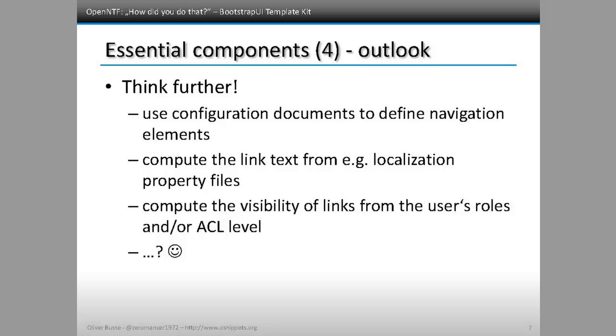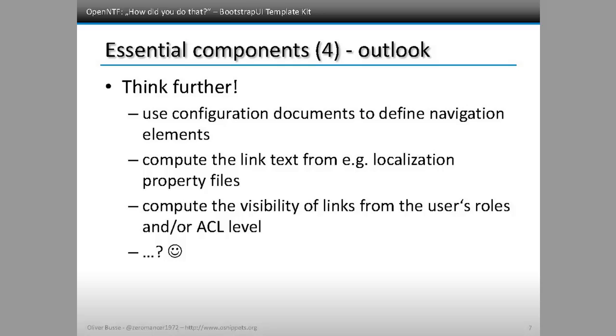Okay. Essential components. The navigation entries should be or can be computed by other data sources, for example. I used the programmatic approach to have the flexibility to compute the navigation entries using maybe configuration documents or other notes documents.